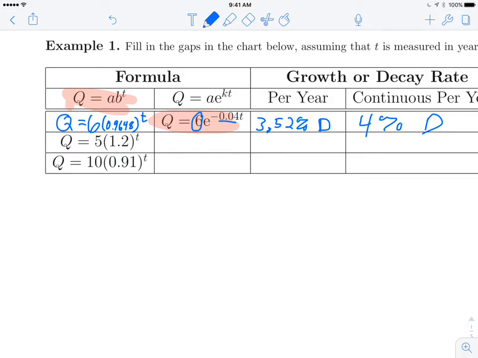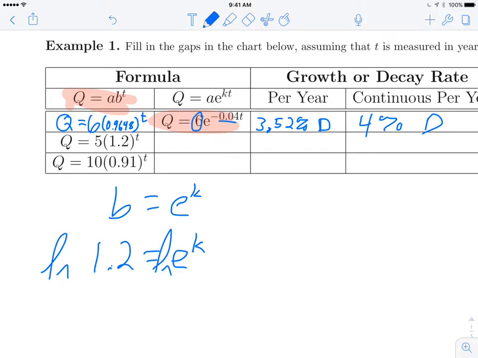All right, so the next one, again, we're looking at b equals e to the k. This time they give us the standard format, and they want us to find the continuous format. So we do know that b is 1.2, and we don't know what k is. Based on your properties of logs that we learned about last time, you should know that to solve this, we're going to take the natural log of both sides.